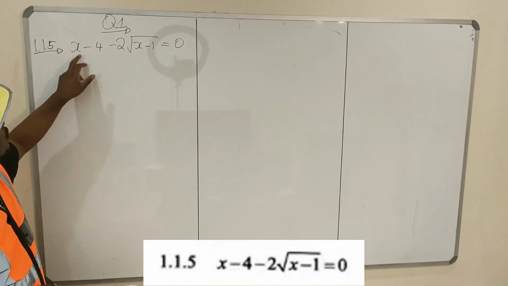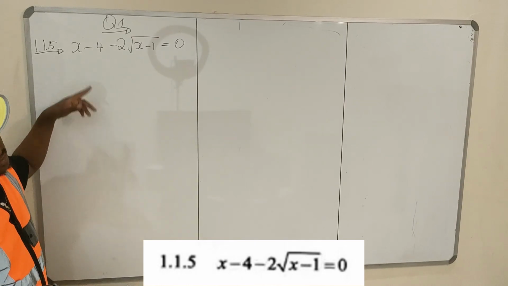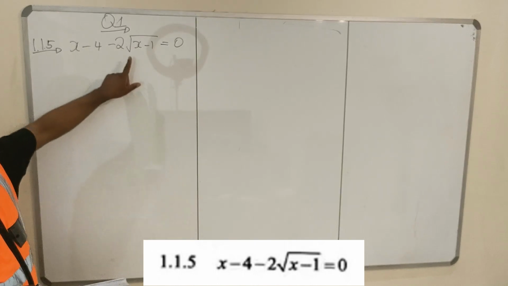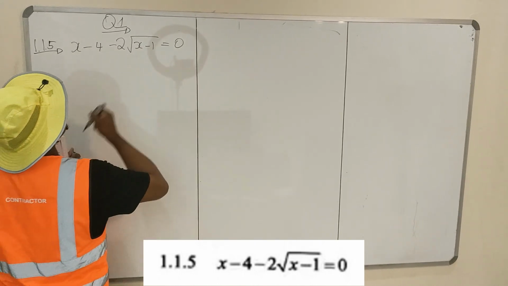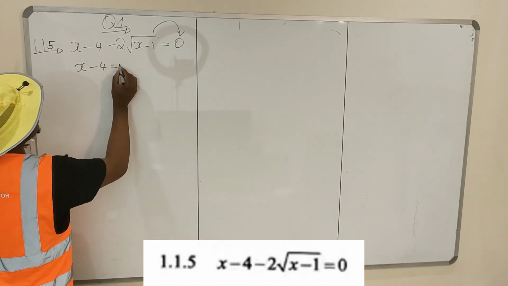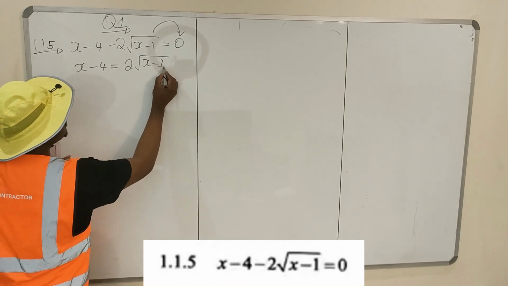Because if you transpose them to that side, you will have 4 minus x, which doesn't look very nice. But x minus 4 is better, it's what we're used to. So we must isolate this thing, right? Yes. So we transpose this thing to the right hand side. So we have x minus 4 is equal to 2 times the square root of x minus 1.